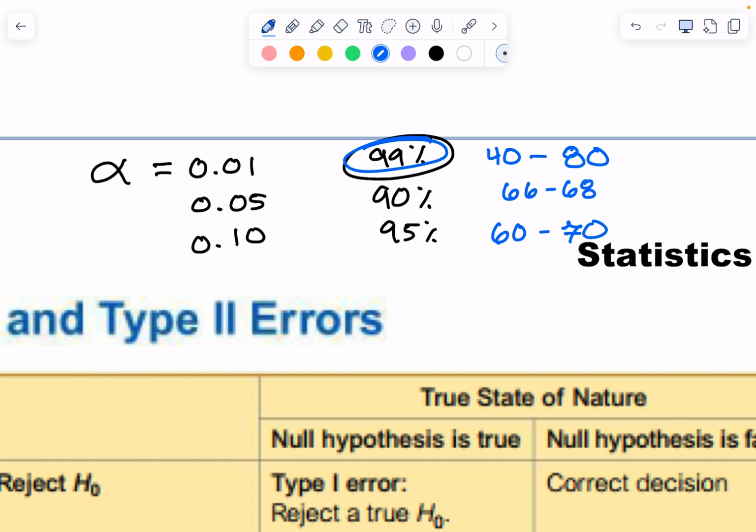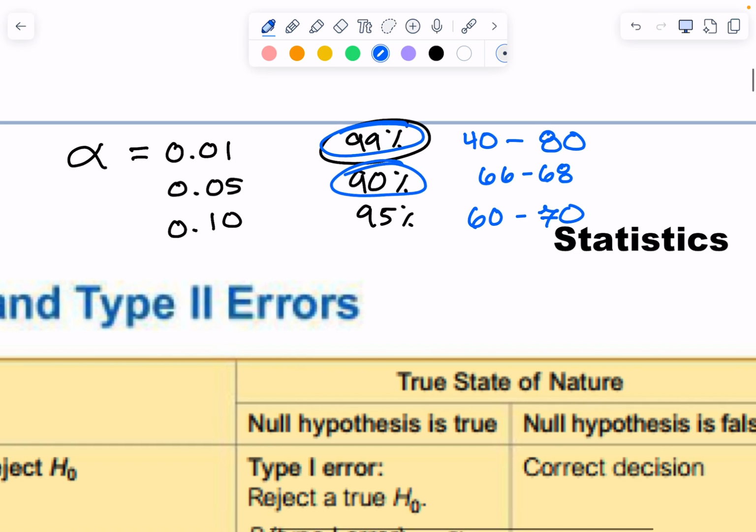I'm making these numbers up, obviously. But your window is narrower the less confident you are, right? Because there's still a chance, if I'm only 90% confident, you're like, okay, 10% chance that it could still live outside of that, right? Okay, so the more confident you are, the wider the range is, okay?